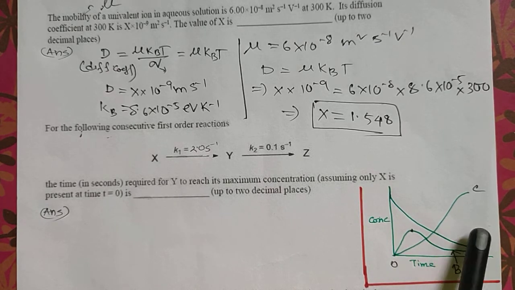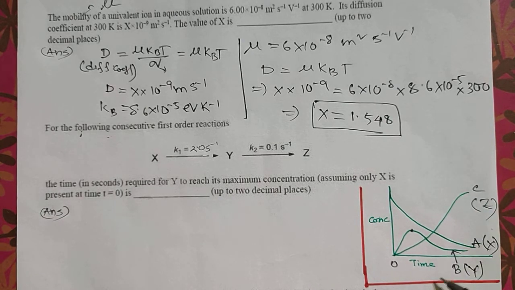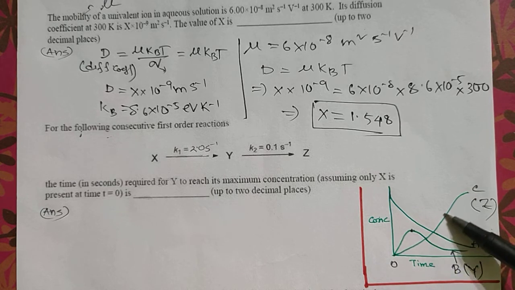Here I designate as a, b, c: a means x, b means y, and c means z. As time increases, the concentration of y increases, and after a certain time it decreases, and the concentration of c or z increases.